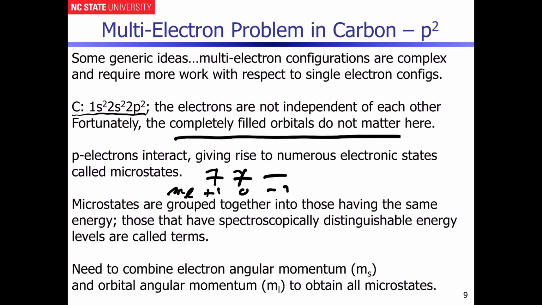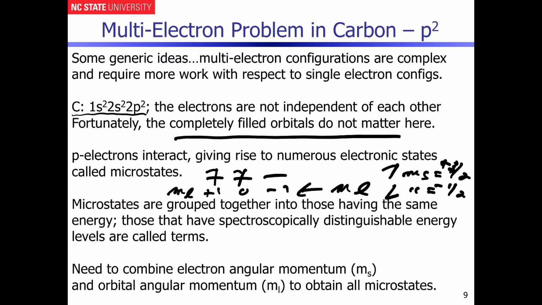And the idea is that what we're looking at here are the orbital angular momentum values, of course, as ml. And then the electron being spin up will have an ms value equal to +1/2. And if we have the electron spin down, the ms value will be -1/2.